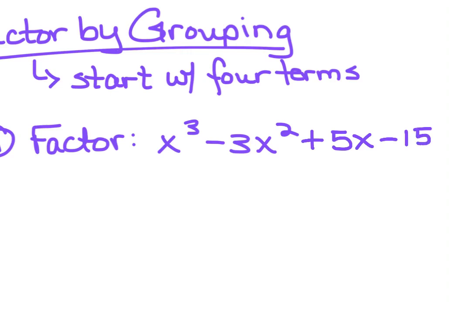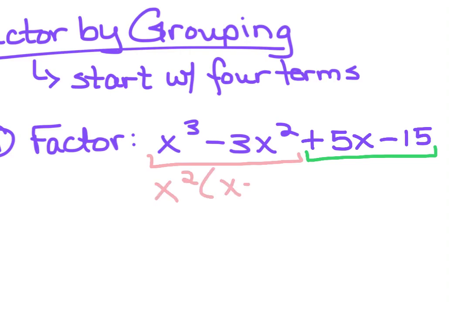So what you want to do then is look at 2 terms at a time. I'll start with the x cubed minus 3x squared, and then later I'll look at the 5x minus 15. And you want to find the GCF of each pair of terms. So x cubed and minus 3x squared, the GCF is x squared, and that leaves me with x minus 3.